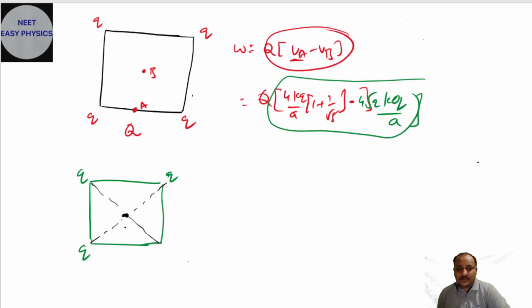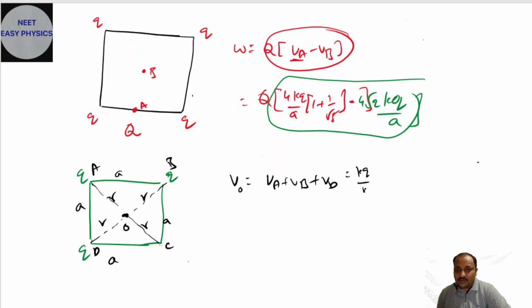Then what you have to do: each side is a, and this distance is going to be R. So potential at center V naught, with corners A, B, C, D, is VA plus VB plus VD, because there is no charge at C. So kQ by R plus kQ by R plus kQ by R.